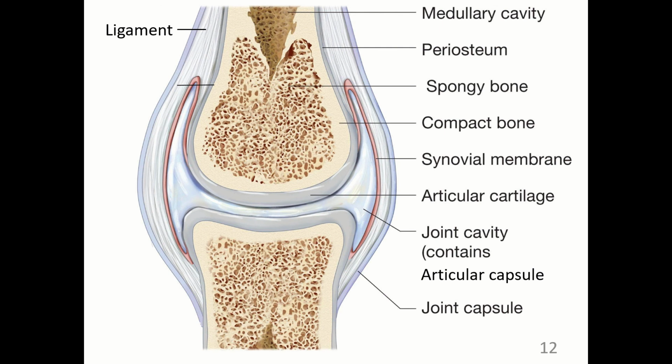This is the illustration of the 6 major features of synovial joint. The joint capsule is a fibrous membrane that surrounds the entire joint. The synovial membrane secretes the synovial fluid. The articular cartilage covers the ends of the long bones.